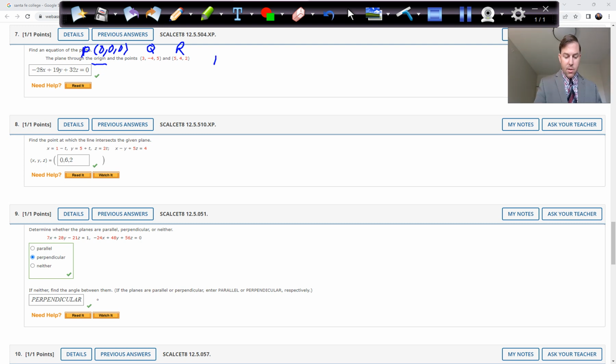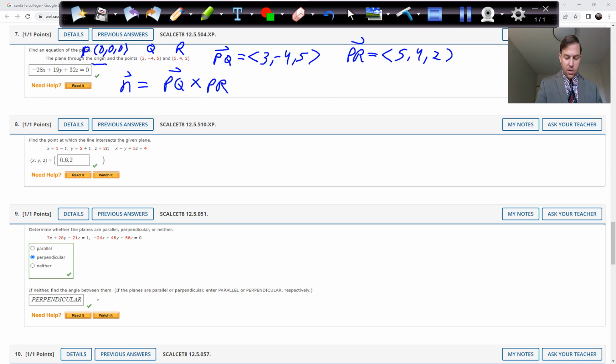Now, the nice thing about this is when you do PQ, it is just these numbers in Q because you're subtracting 0 from them. So it just turns into a vector, 3, negative 4, 5, and then PR, again just those numbers, would be 5, 4, 2. Then you have to find N, which is PQ cross product with PR.